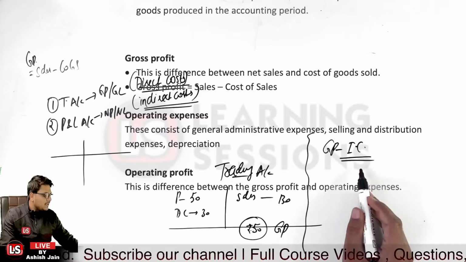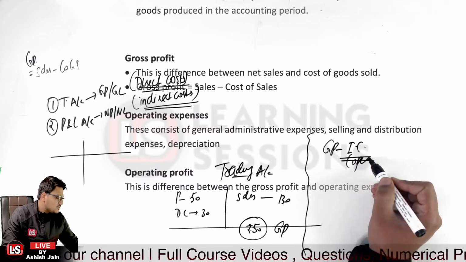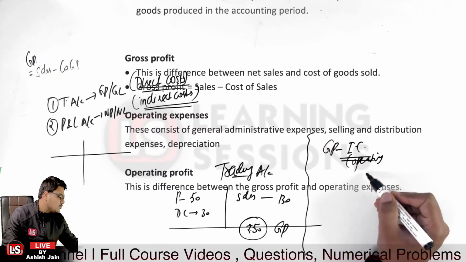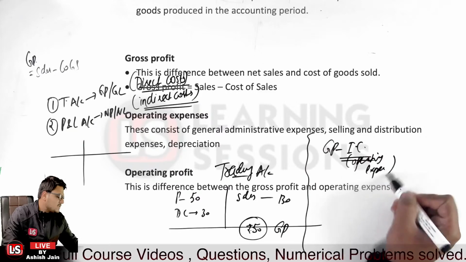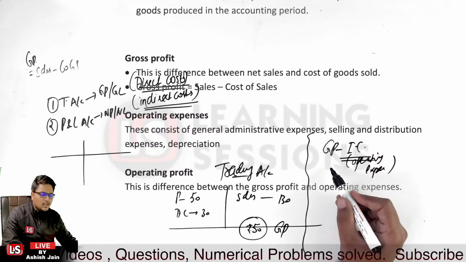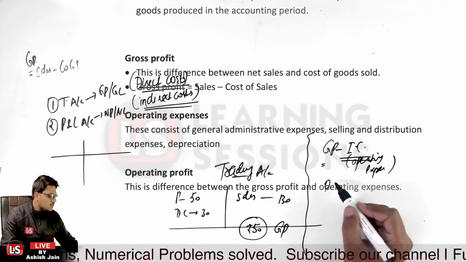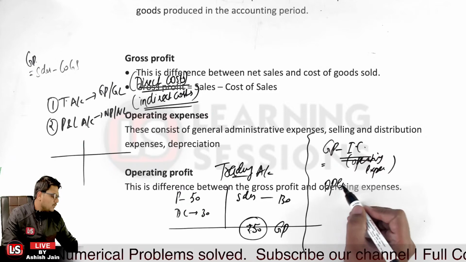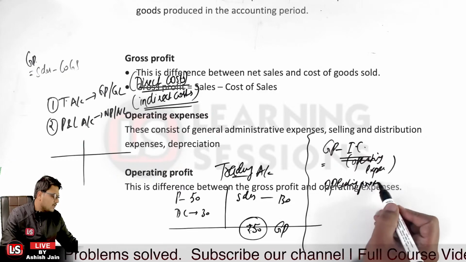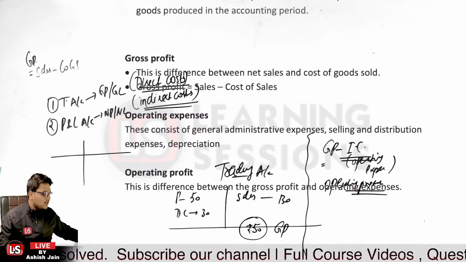I am writing indirect cost, or we can mention operating expenses, so there is no confusion. So that will be the operating profit, which is not equal to the net profit. Is that particular part clear over here?